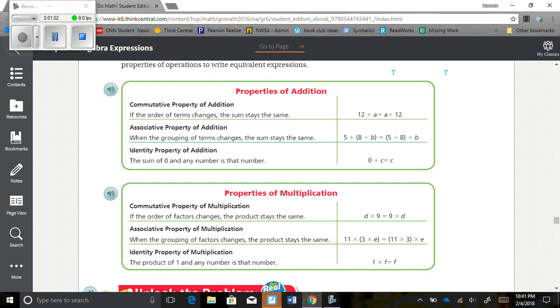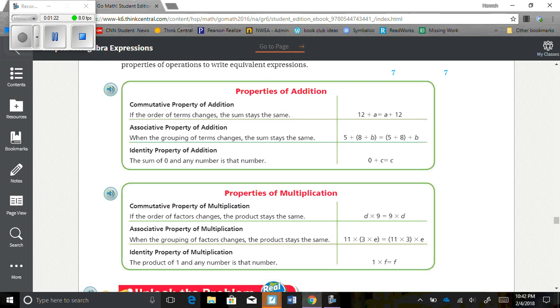So properties of addition. Commutative property of addition is just saying if the order of terms change, the sum stays the same. So 12 plus a is the same thing as a plus 12. Or 12 plus 2 is going to equal 14, and 2 plus 12 will still equal 14. Doesn't matter the order.